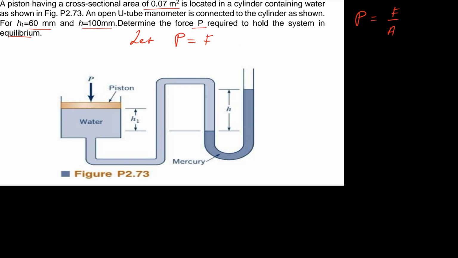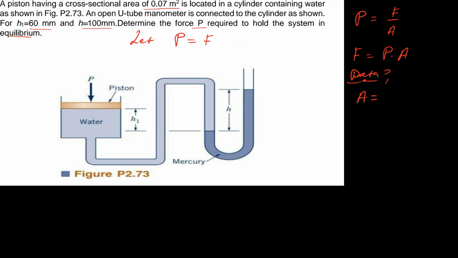As a result, if we consider equilibrium, force is equal to pressure times area, in which F is the force applied, P is the pressure acting on the piston and A is the area of the piston. So with this much said, let us determine what we need. We want to find the force. Since we need to find the force, we have data.